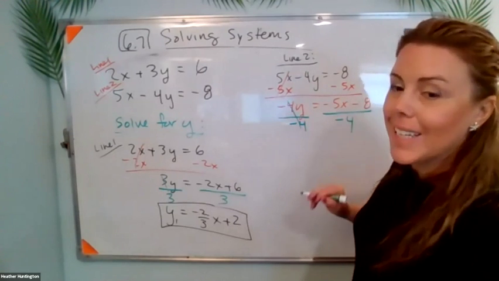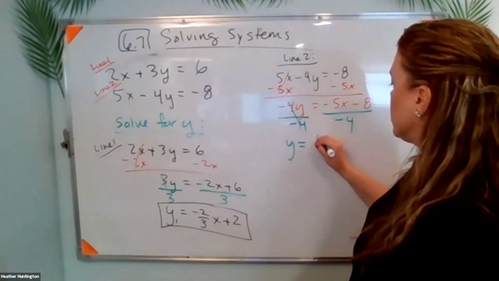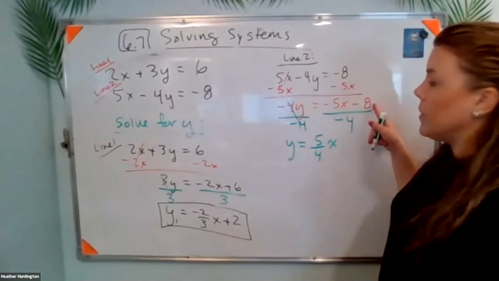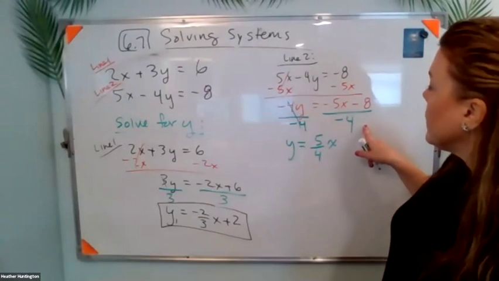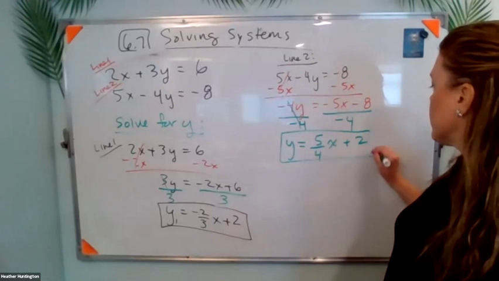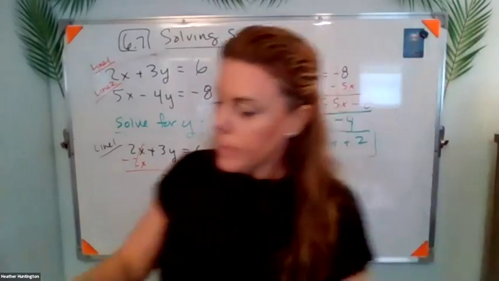Divide both sides by negative 4. So we get y equals 5/4 x. And then we have negative 8 divided by negative 4. That's going to be plus 2. So that's your y sub 2.